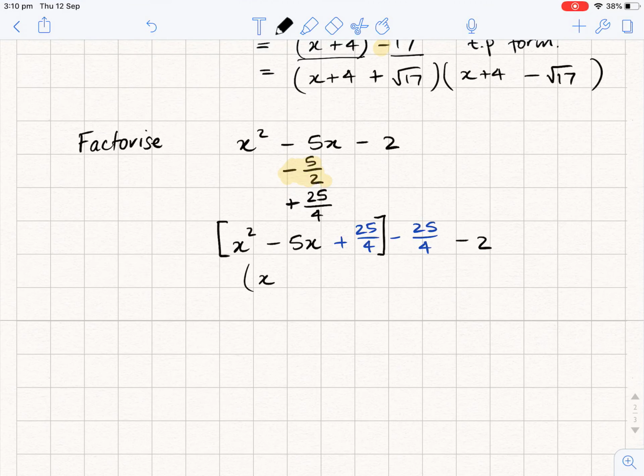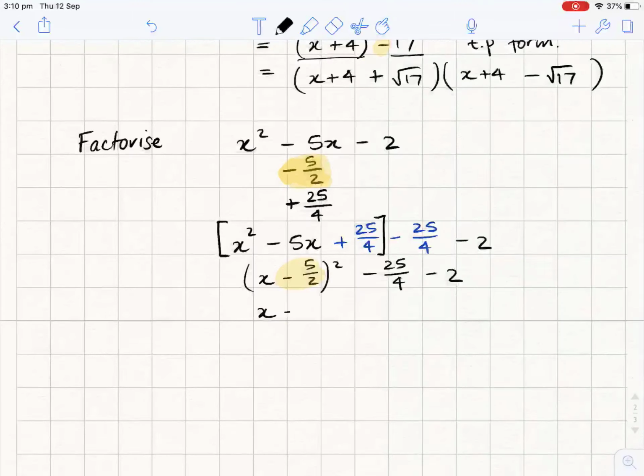So it will be x take away 5 on 2 squared. That's the first three terms, and then I've got minus 25 on 4 take away 2. That's a nice little trick, that this value always ends up in here. Basically we've manipulated how we've done the problem so that that happens. That's what the algorithm is about. This is the series of steps that makes it work.